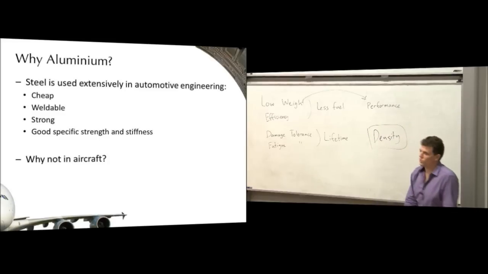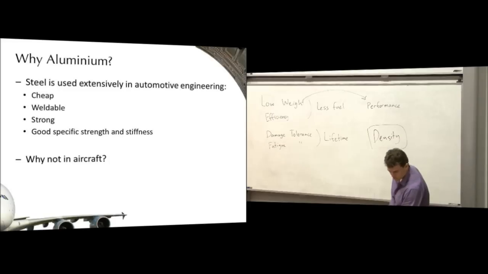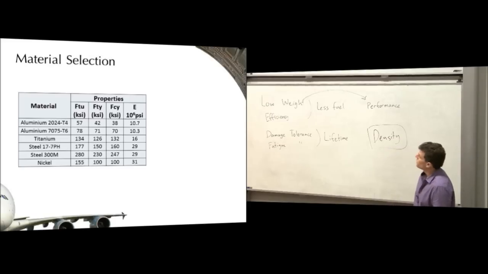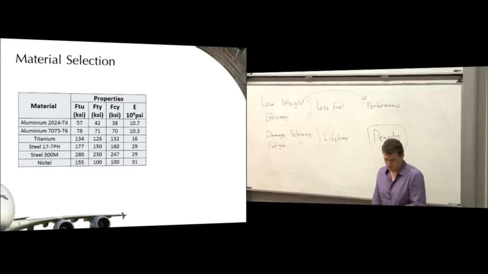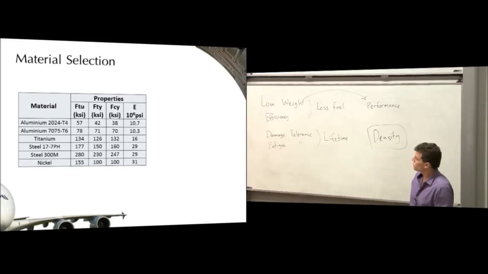So density is one thing that's often raised, and I'll show you some stats here. Let's look at a selection of materials. Up in the top left we have aluminium 2024 and 7075, which are two common aerospace alloys, and underneath we have some steel properties as well.